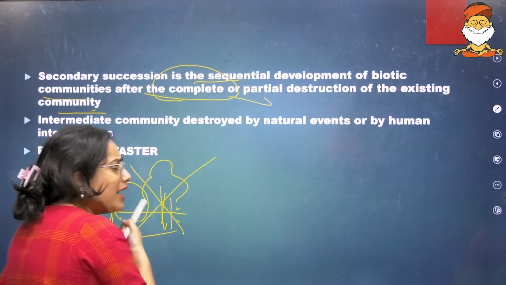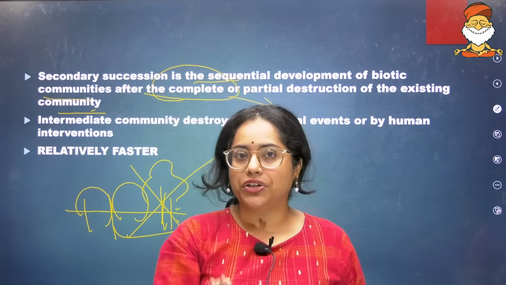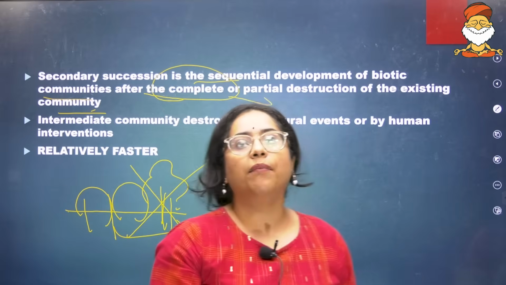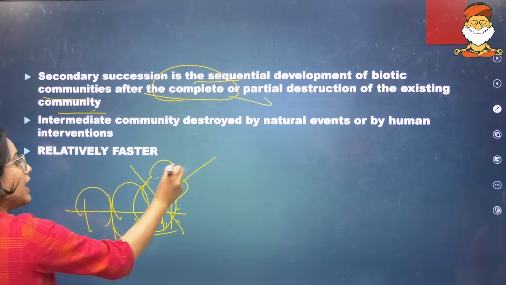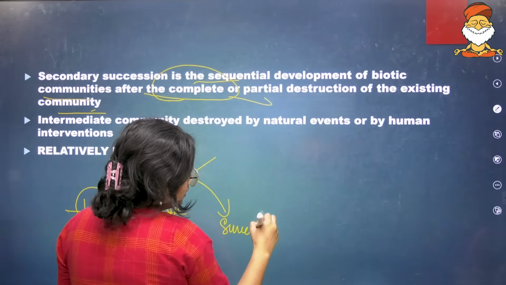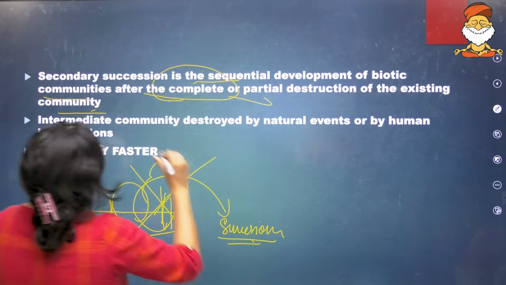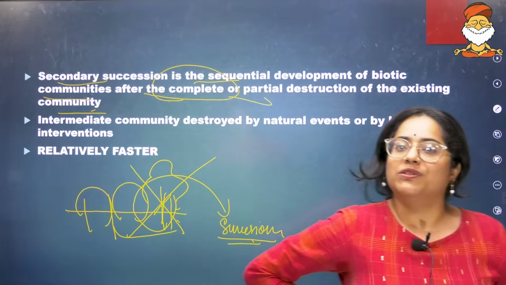It can be cut down, uprooted, burnt, whatever happened, it got destroyed. Then from this part you will start your succession again, and this is called secondary succession.